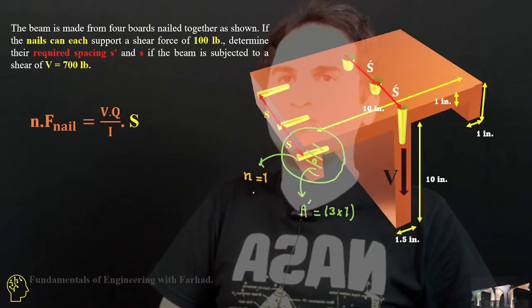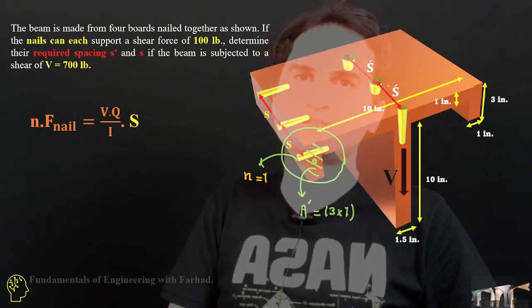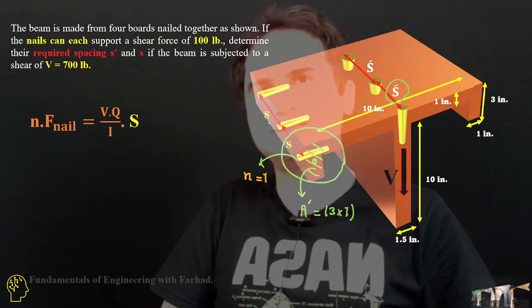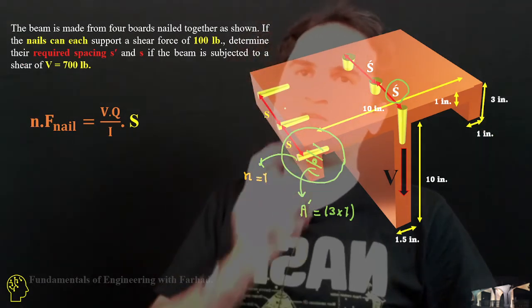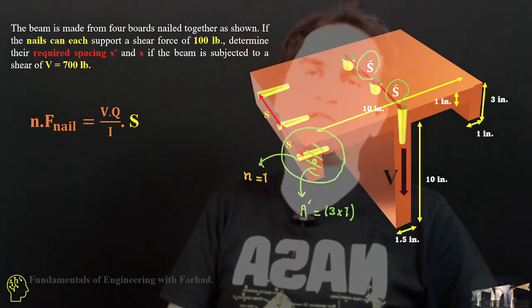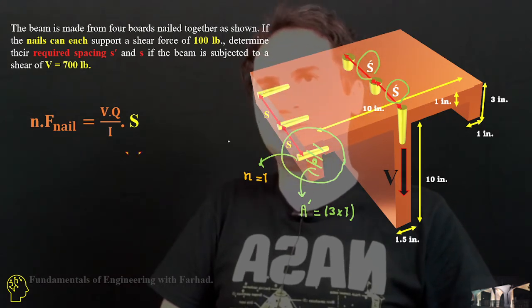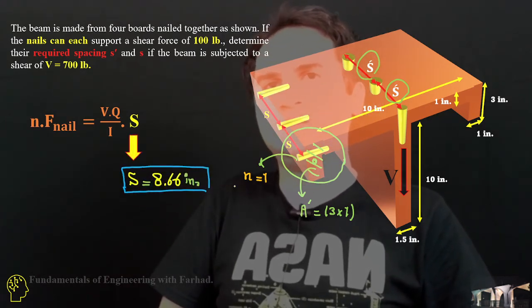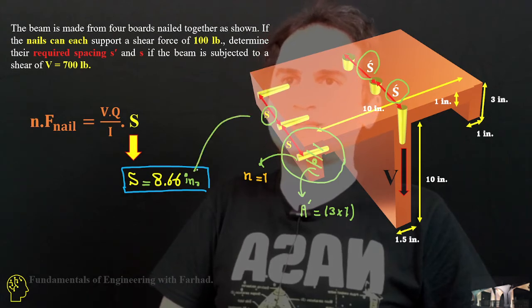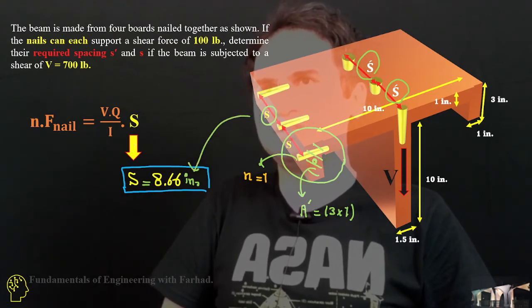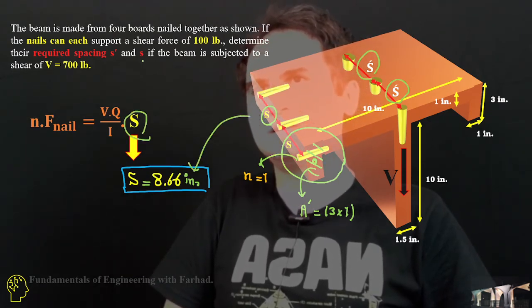And also the other part, which is S prime. So far we calculated the distance for this part, and now we want to know what is the effect of distance in S prime. So again, for S, we just get 8.66 inches in terms of nail spacing.